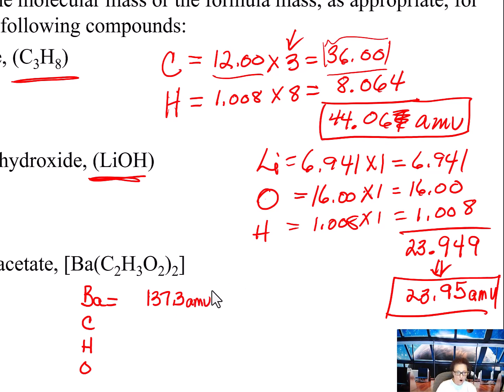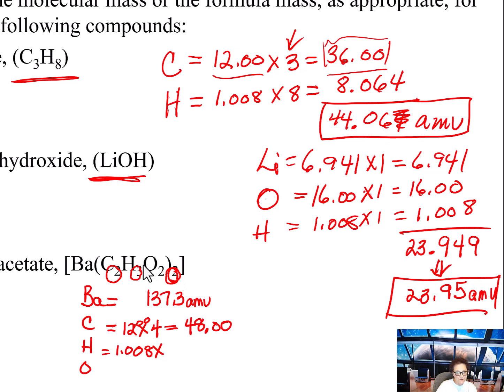All right, carbon. How many carbons do we have? I have 2 in the formula, but I have 2 acetates, 2 whole acetate molecules. So I have to multiply 2 times 2, which is 4. That's going to give me 12 times 4, which is 48.00. It's actually 12.00, sorry. Hydrogen is 1.008. How many of those do I have? I have 3 times 2, because that whole thing is going to multiply by 2.